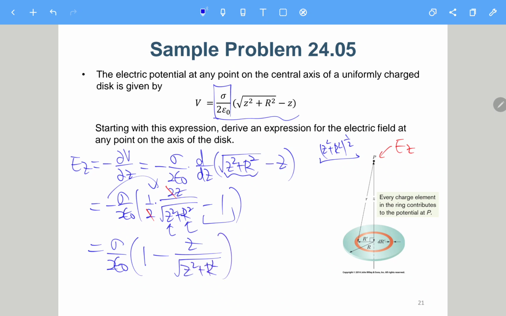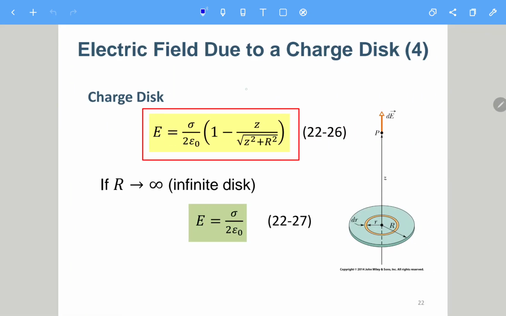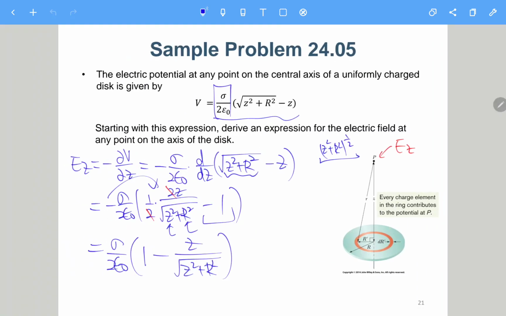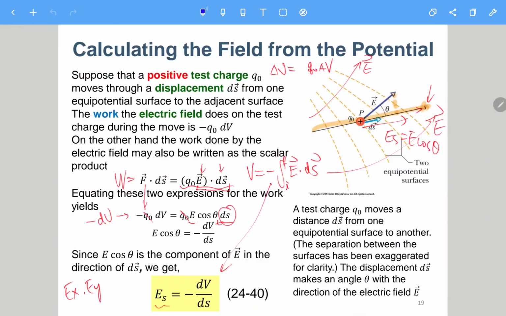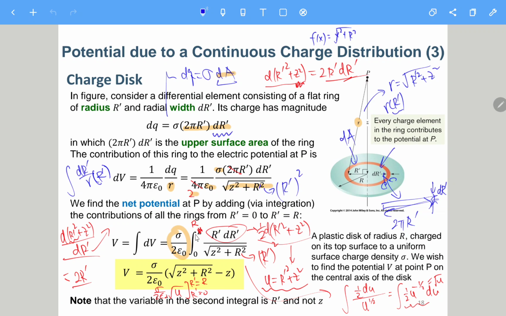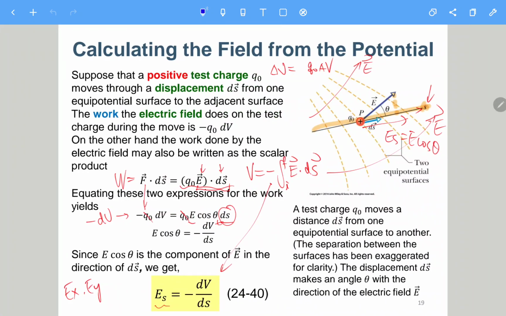Okay, like this. And then in chapter 22, we already derived actually the same expression. So if you still remember, when we try to do this one, the integration might look more difficult. So the idea here is that we try to come up with this expression of V with an easier step, and then we try to take the derivative.